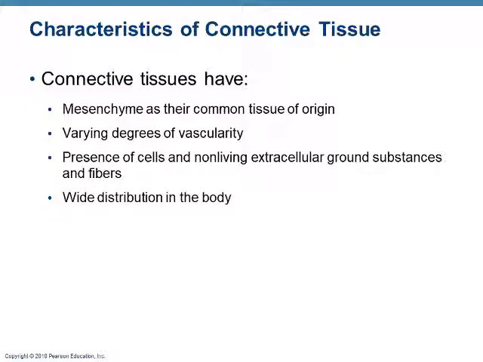So connective tissue has the cells. Usually cells are not attached to each other. You remember in epithelial tissue, the cells are always attached to each other. In case of connective tissue, that's not the case always.